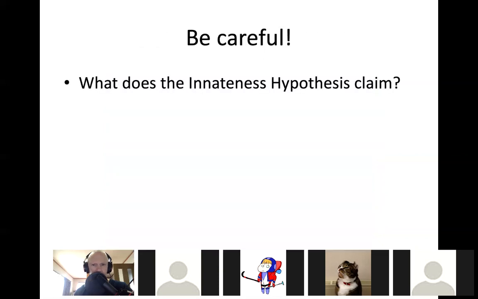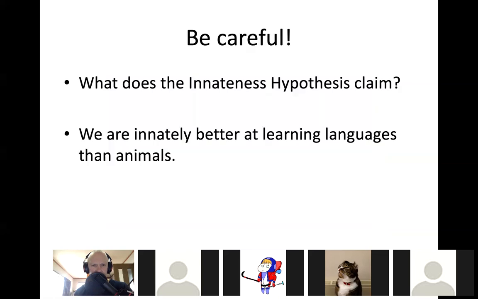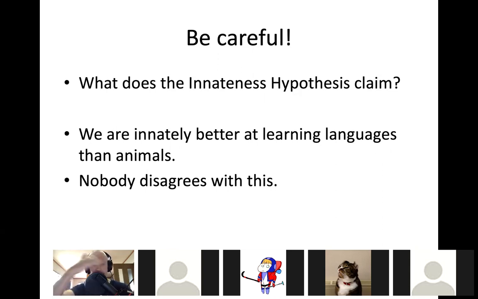So be careful. What does the innateness hypothesis claim? We are innately better at learning languages than animals. Nobody disagrees with that. We know we are innately better at learning human language than animals.